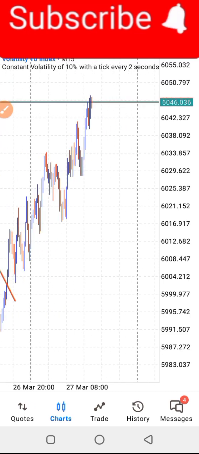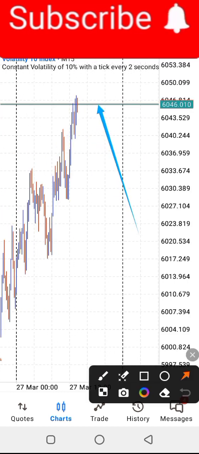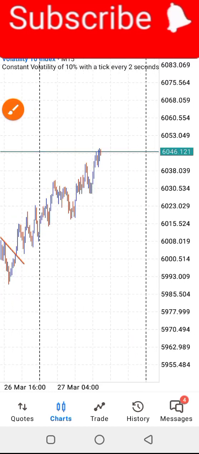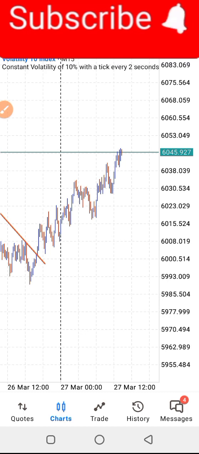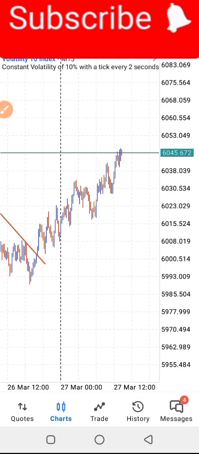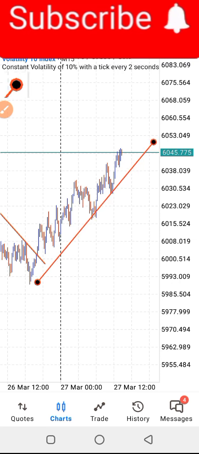You can see right here, this is current price action, this is where price currently is, and today is 27th of March. If I were to draw this, what I would do is something like this. Extend it into the future. I want it to touch that third one.